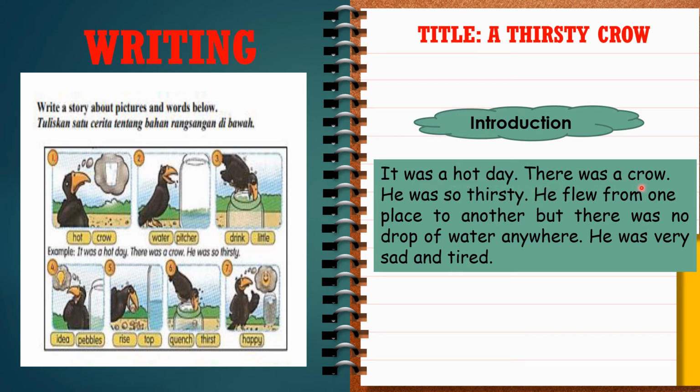There was a crow. He was so thirsty, as you can see from this picture. He flew from one place to another, but there was no drop of water anywhere. And then he was very sad and tired.